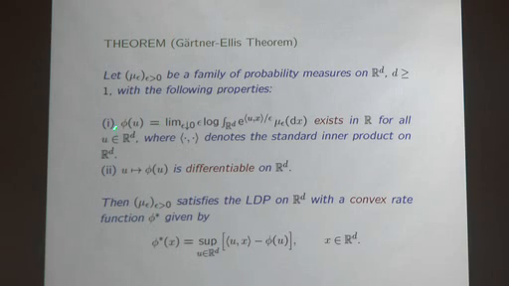You may not be able to compute such integrals, but if you can prove that they exist and they are differentiable, you have in principle a large deviation principle, and you have a formula for the rate function, which you can then try to study by collecting as much information as possible from this integral. If you're lucky, you can compute it, and if you're not lucky, you can estimate it, and you're in the business of having an LDP and getting some information about your rate function. So this is a very powerful principle.